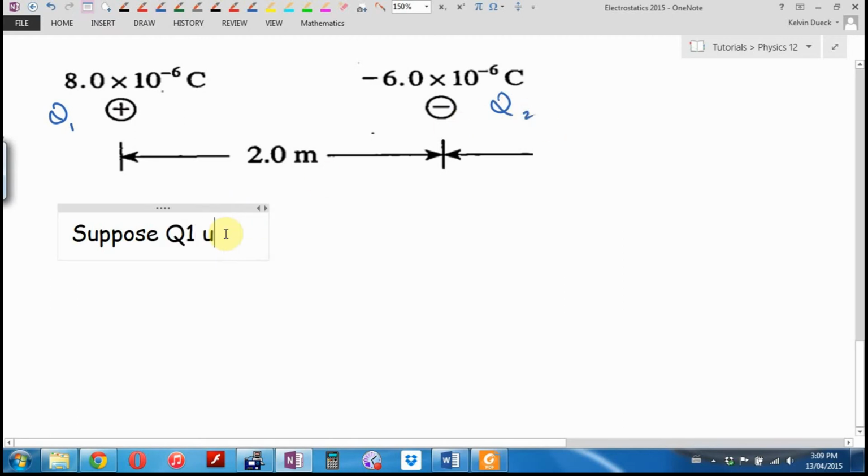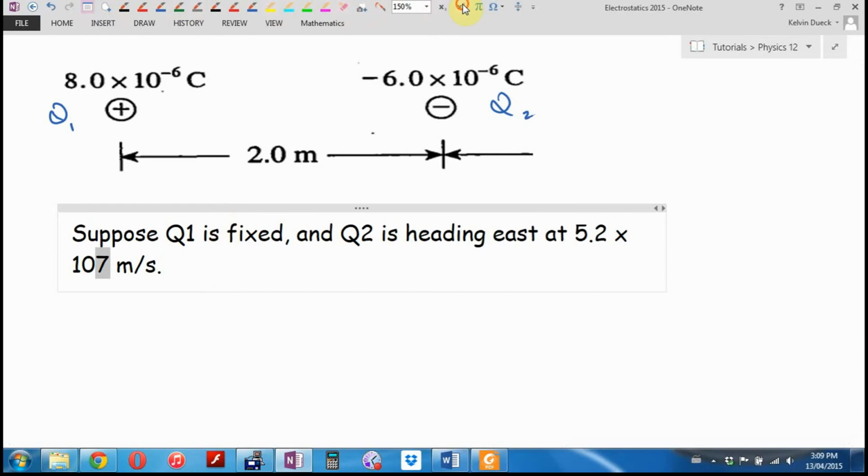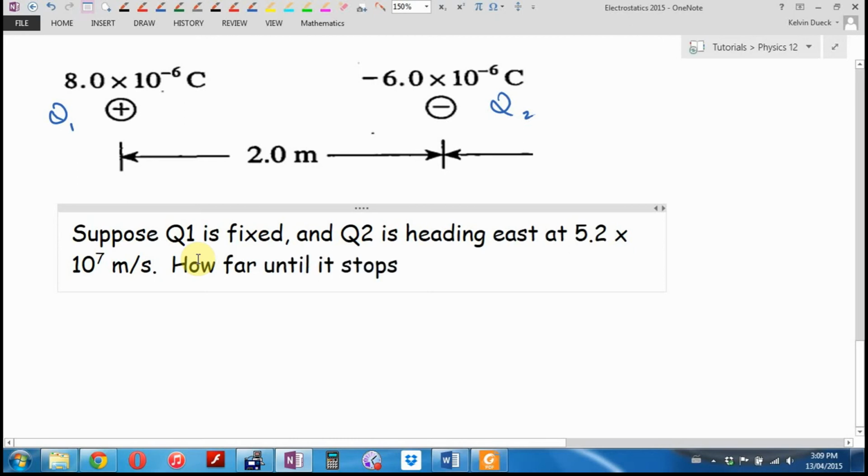Suppose Q1 is fixed and Q2 is heading east at 5.2 times 10 to the 7th meters per second. How far until it stops?